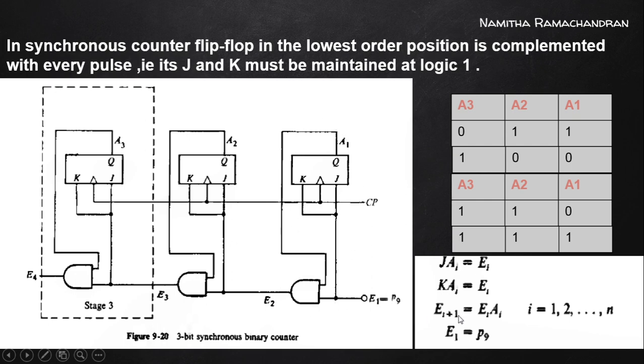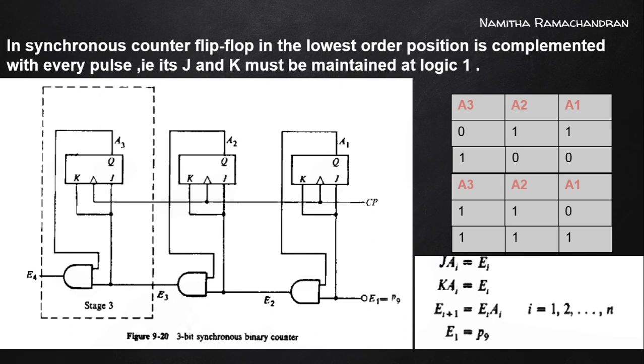EI plus 1 means previous E value and present state of AI. Okay, and this EI actually indicates this control variable P9 itself.